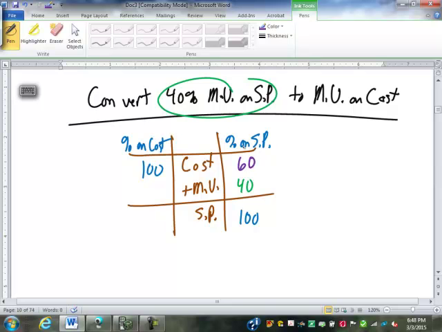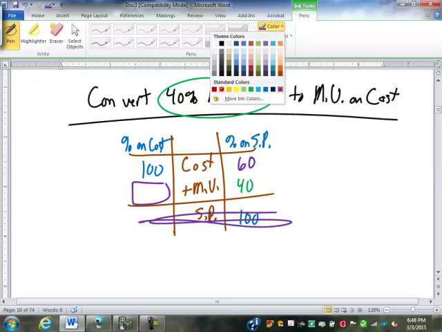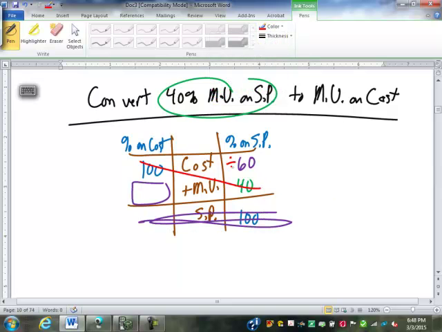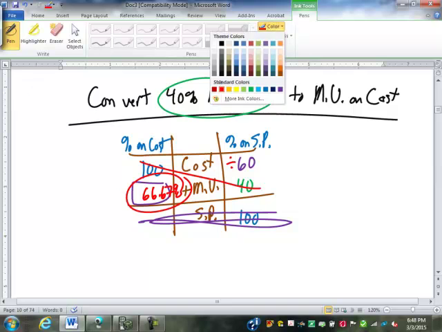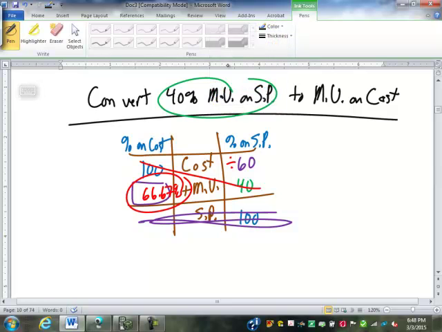So if 60 is the percent. Yeah, you got it. 100 minus 40 will give us 60 up there. And of course, we're looking for the percent over here on the cost side for the markup. So get rid of the bottom number. 100 times 40 divided by 60 is 66.67%. There we go. What do you think? Okay. Good deal. Well then.